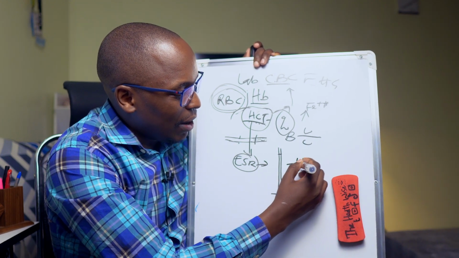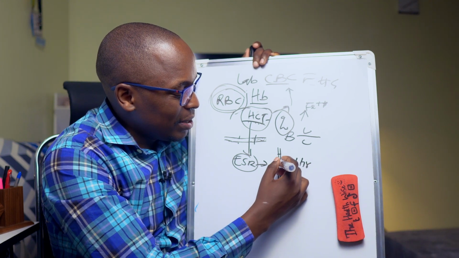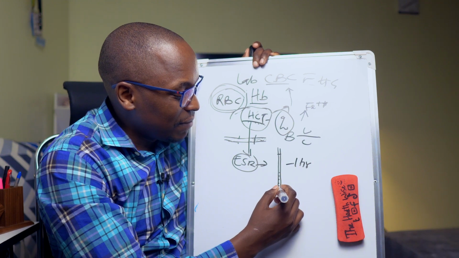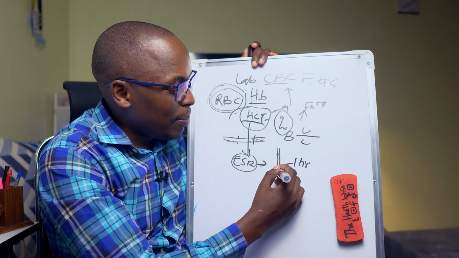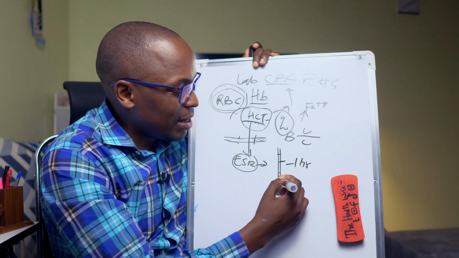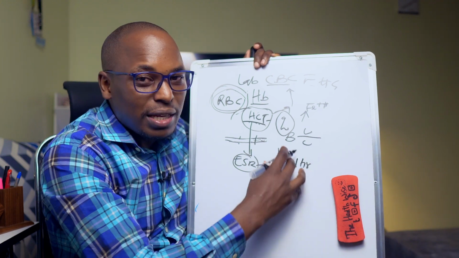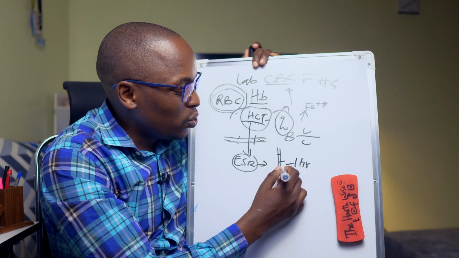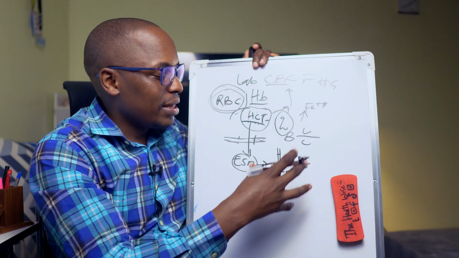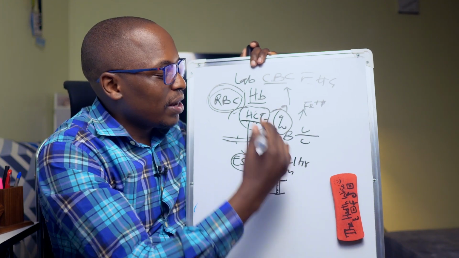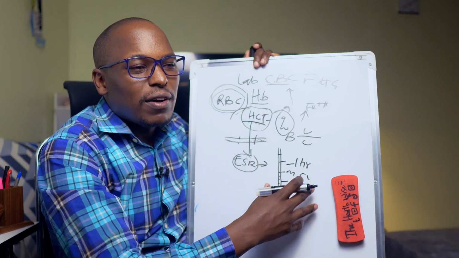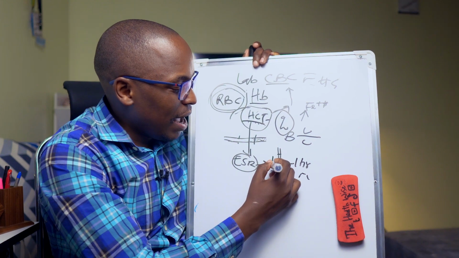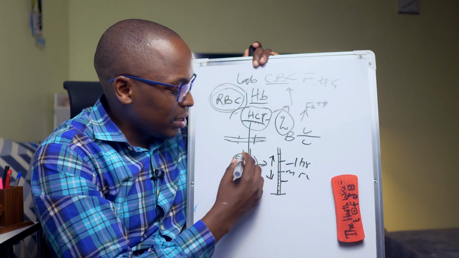In this 1 hour, the cells will start settling by gravity. The upper part will be the liquid part, and the cells will settle here. After 1 hour, the reading of where the cells have sedimented to is measured, and this is indicative of other issues. For example, you may have inflammation, and many other conditions can lead to either a high or a low number when it comes to ESR.